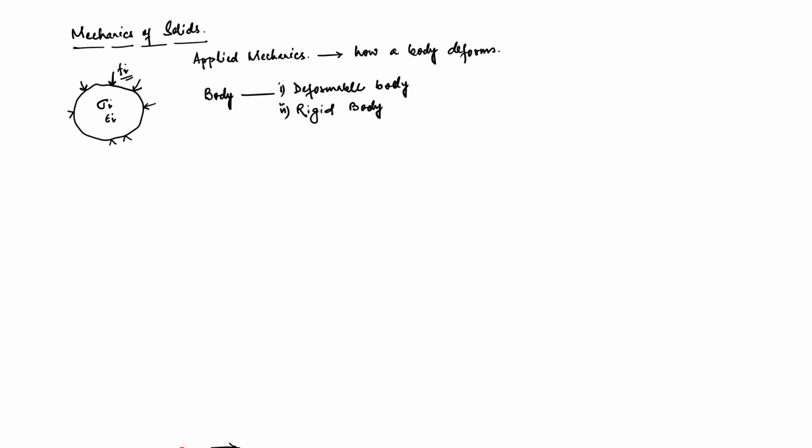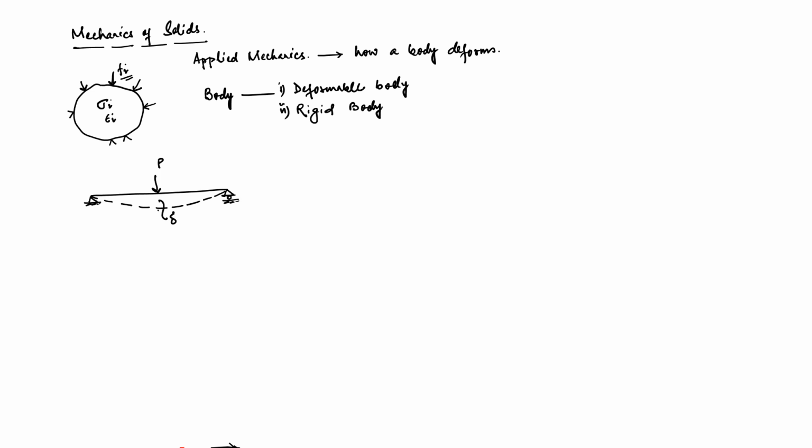Now, in engineering, if we just take an example, say we have a beam. And then we apply a point load at the middle, say P. Obviously, under the action of this point load, this beam is going to deform in this manner. Obviously, you know what is the deformation at the center.